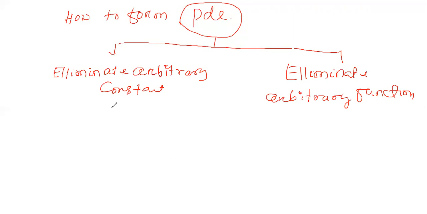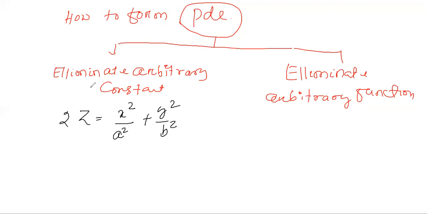Arbitrary constants means, suppose one example: z equals x square by a square plus y square by b square.